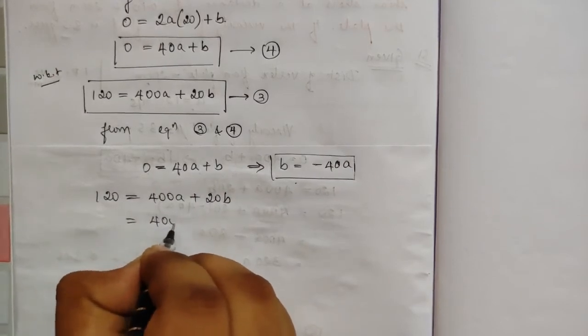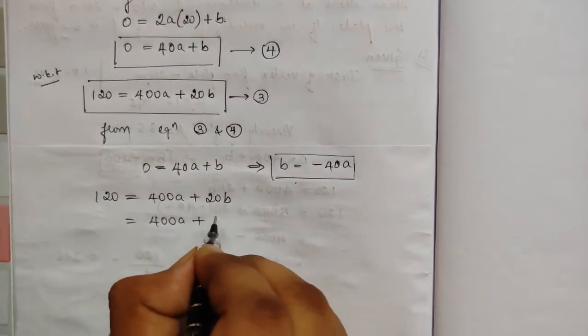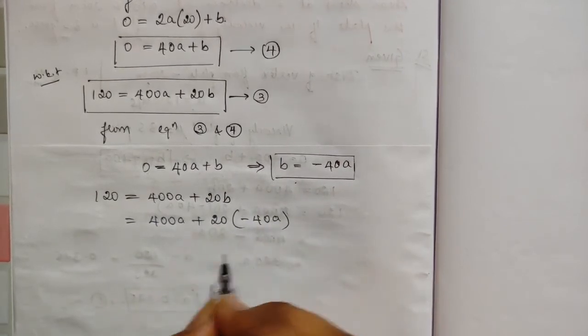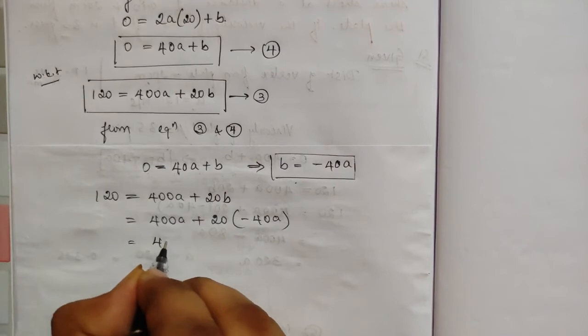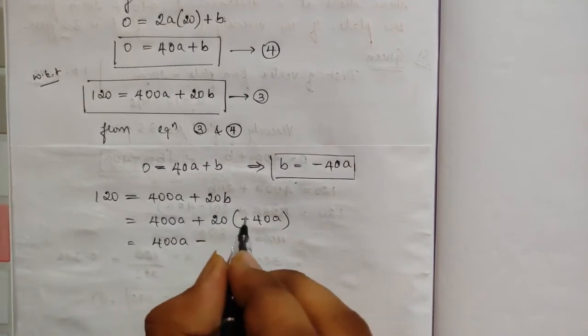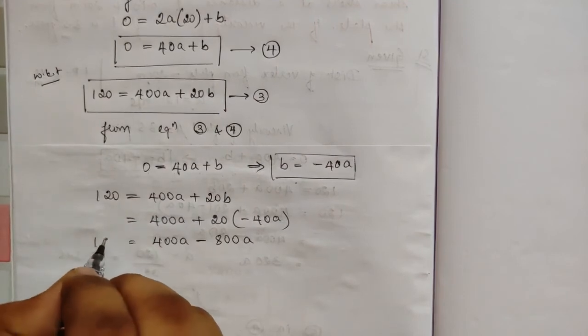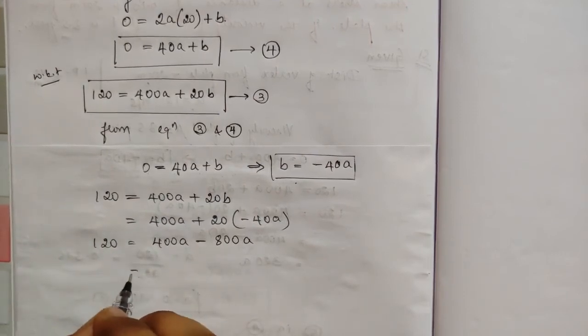So 400a plus 20 into minus 40a, so 400a minus 800a, which is equal to 120.